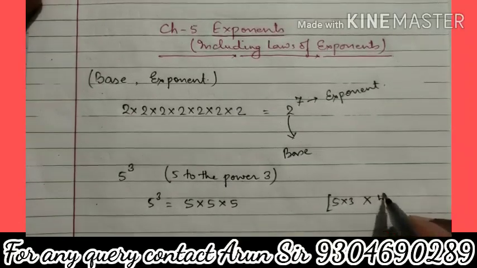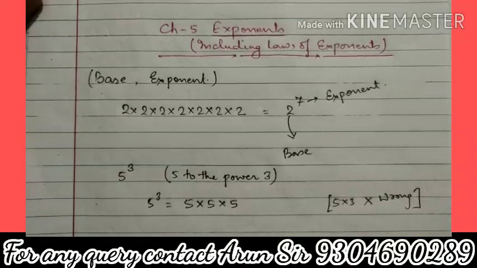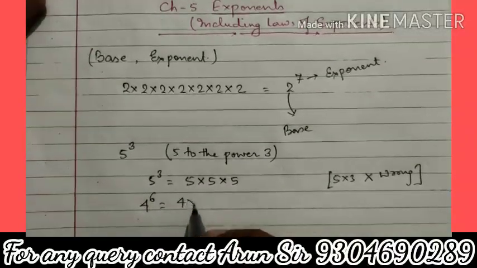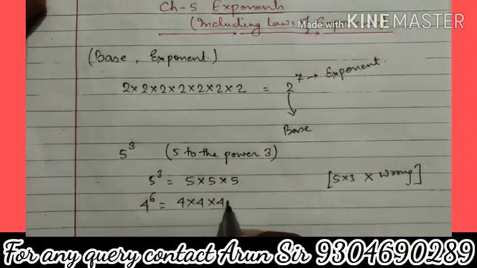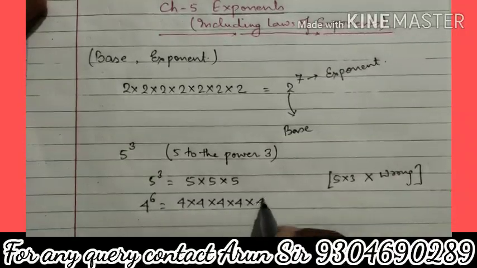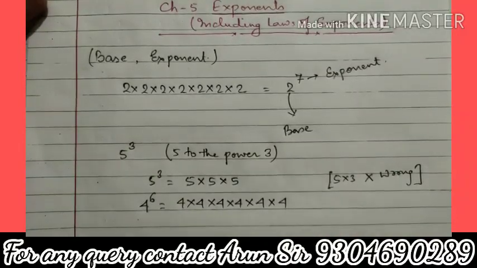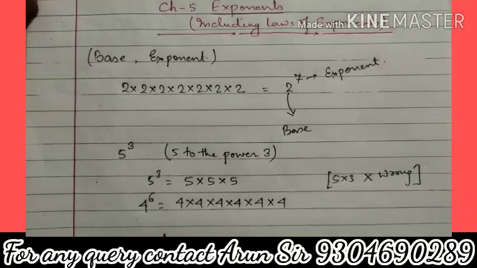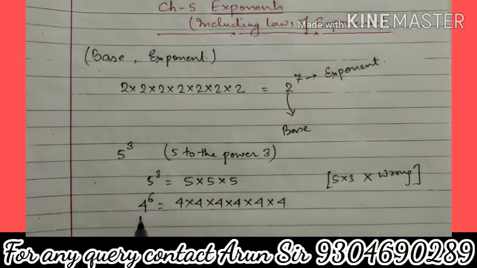This is wrong. The right method is 5 to the power 3, 5 will be multiplied 3 times. If 4 to the power 6 is there, it means that 4 will be multiplied 6 times. For solving the first exercise of this chapter, we have to learn only these two small concepts.